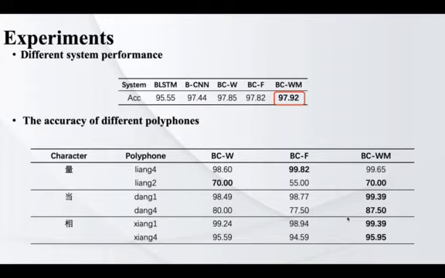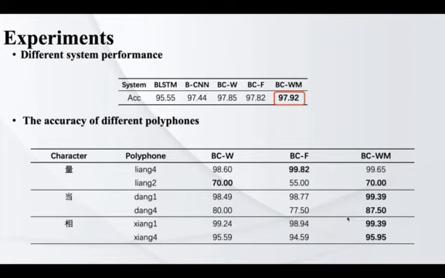The BCF denotes that we use the BLSTM and CNN together with the focal loss. Finally, BCWN denotes that we use the bichannel encoding layer, and we also applied the Weighted-softmax and the modified focal loss. As we can see in the table, the final system gets the best performance among the 5 systems.